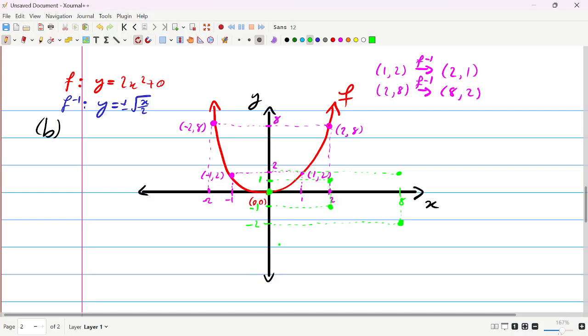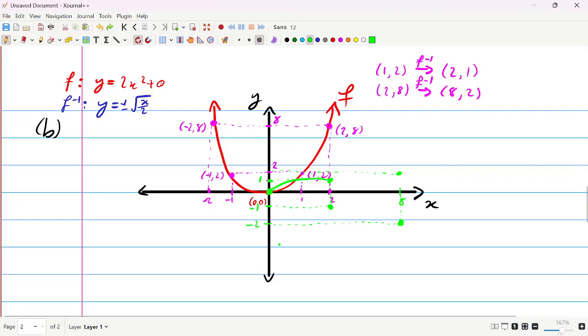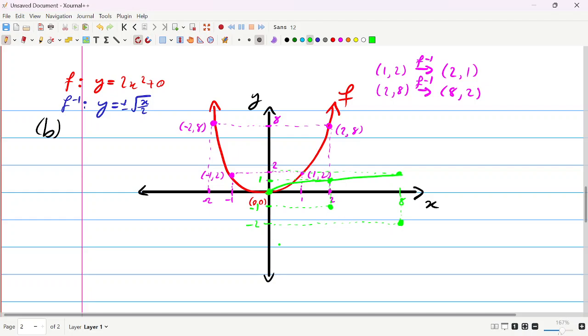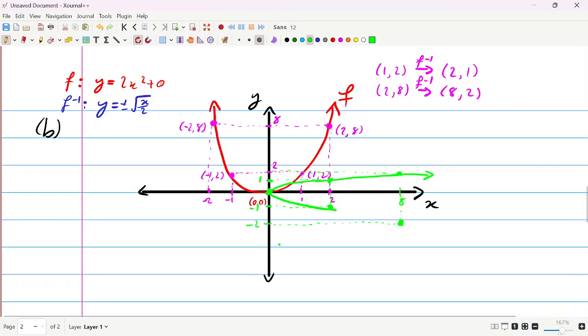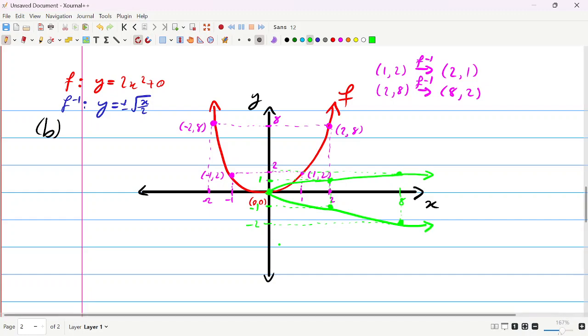So it's just going to look something like this. We lead it to the different points. Something like that. Okay. It's not the most perfect graph, but hopefully you get the point.